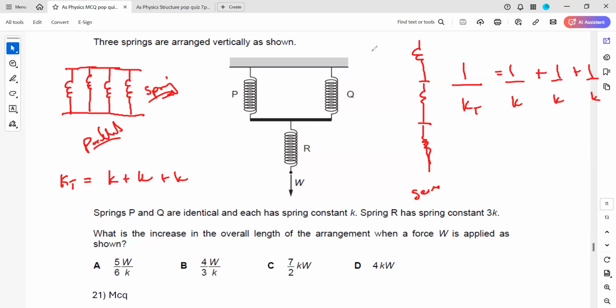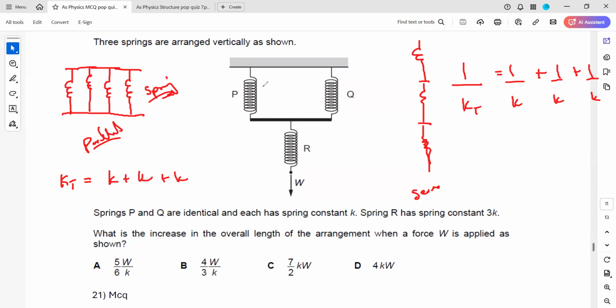Try to remember this concept. When they are parallel, just add to get the combined spring constant. When they're connected in series, take the reciprocal of the sum of the reciprocals.